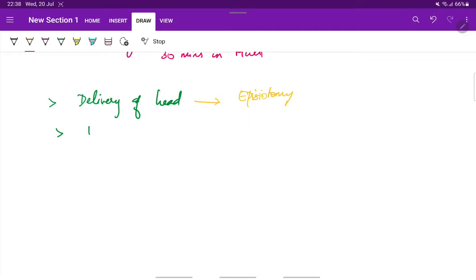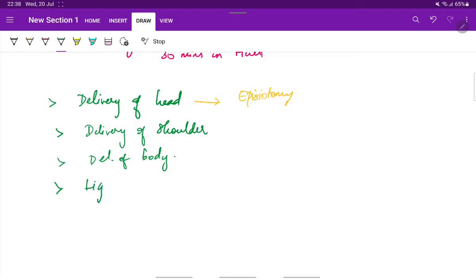Next is the delivery of the shoulders. Next would be the delivery of the body of the baby, and then the ligation of the cord. So in this video we will see how to manage each of these stages.